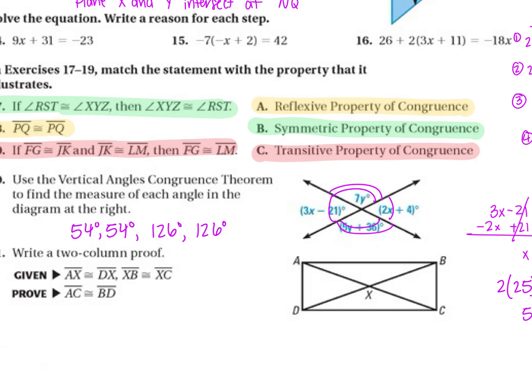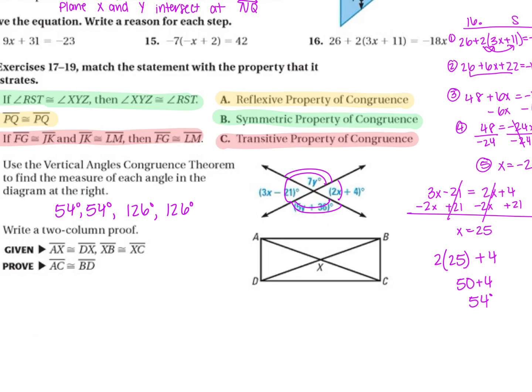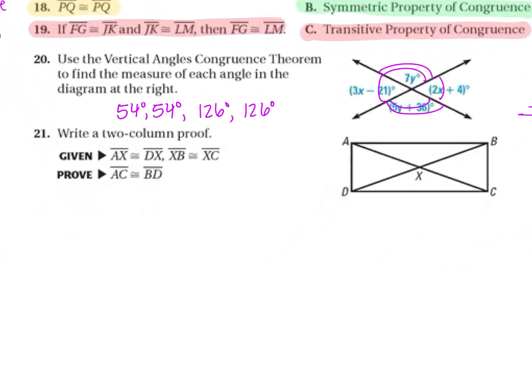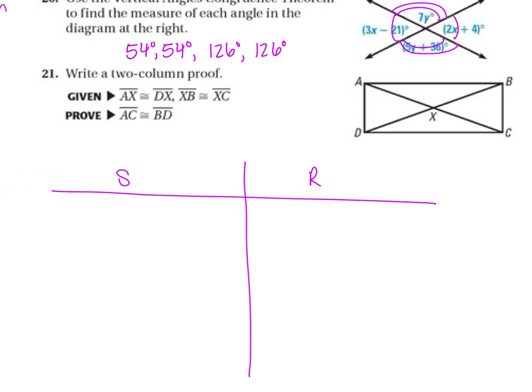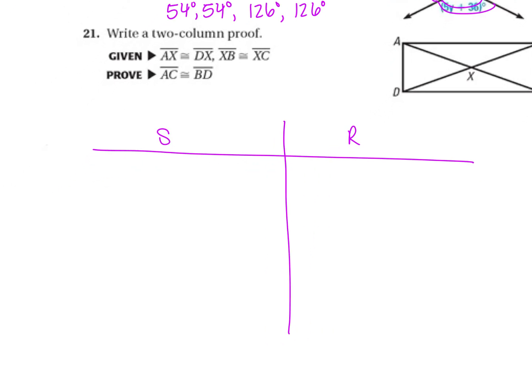Any questions on that one? All right, and the last one is our favorite, proofs. This is the last one. Statements, reasons, my two-column proof. Always write what's given: AX is congruent to DX, and XB is congruent to XC.